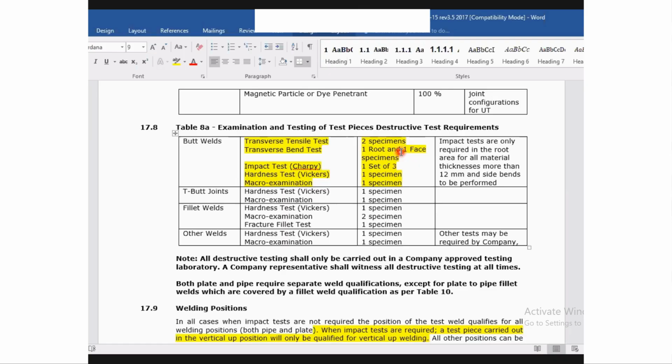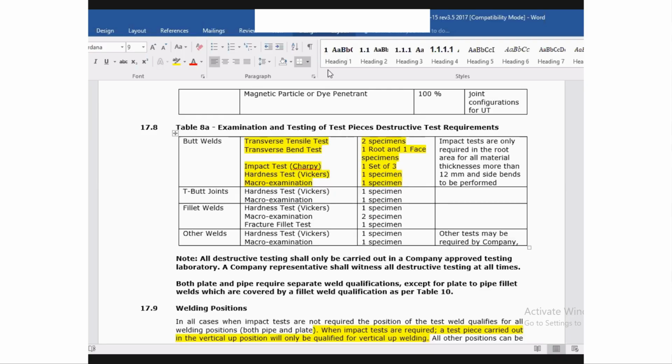Unless we got thickness more than 13, then possibly we only have the side bend. Like this one, it's a thickness more than 12, side bend to be performed. Charpy, 1 set of 3, hardness, 1 specimen, macro, 1 specimen.